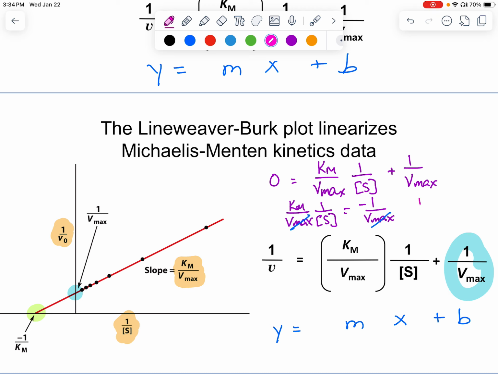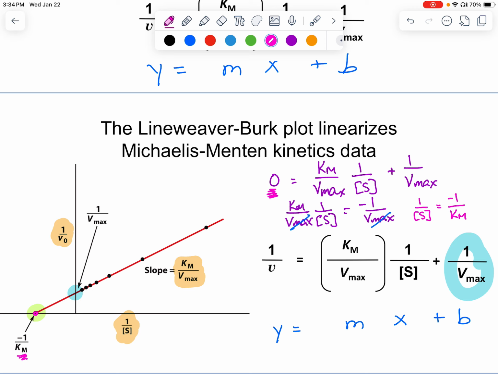So I'm going to have 1 over the substrate is negative 1 over Km. And remember, this is only when we're at that x-axis, that x-intercept. Hence, if I can read this value off my graph, I can now calculate my Michaelis-Menten constant.